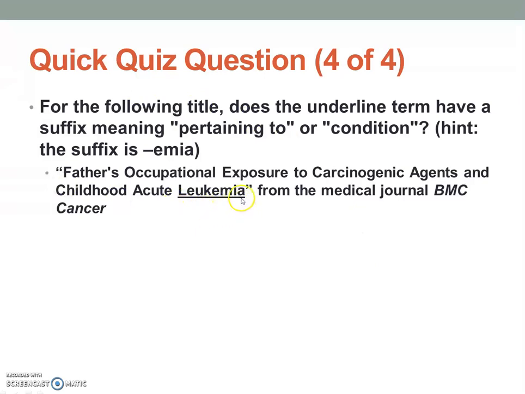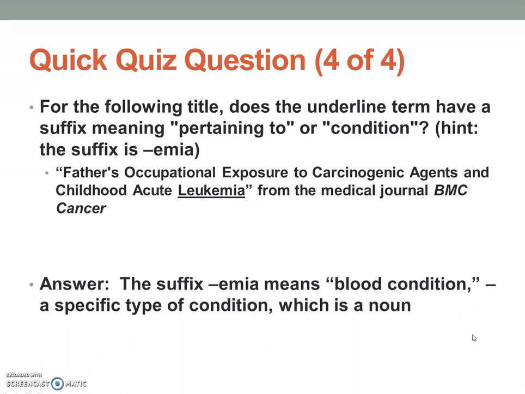Does this term have a suffix meaning pertaining to or condition? The suffix emia means blood condition, a specific type of condition, which is a noun.